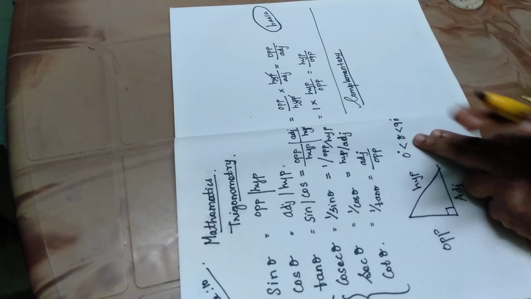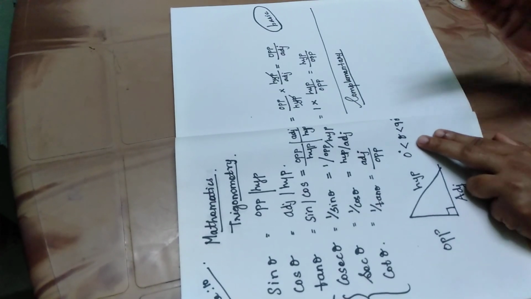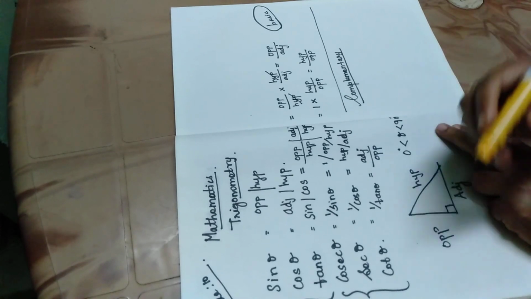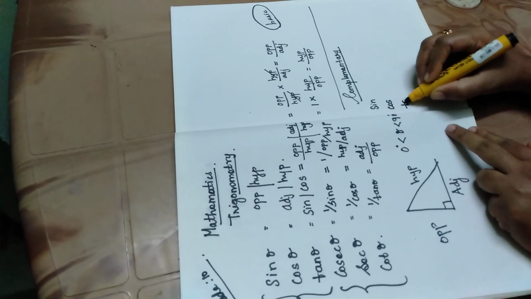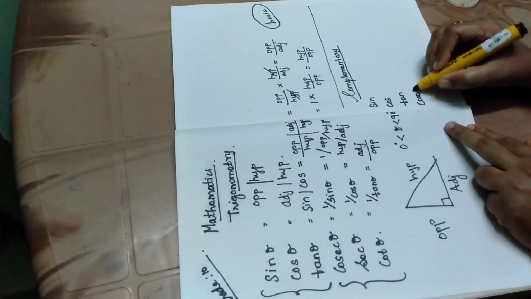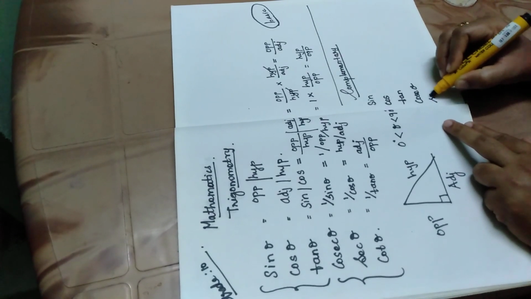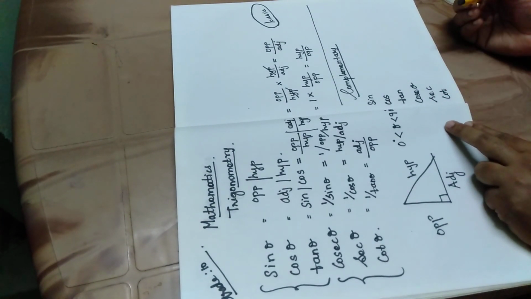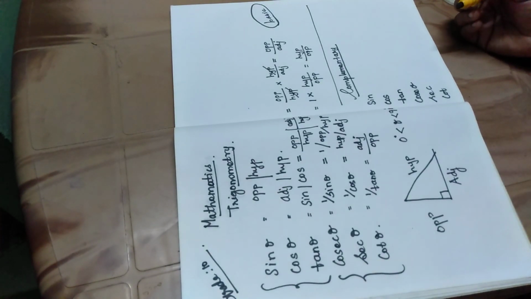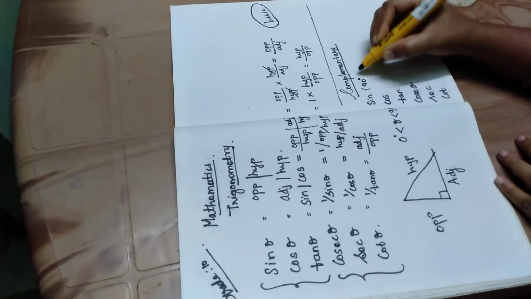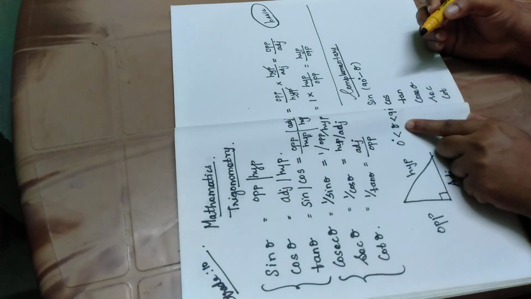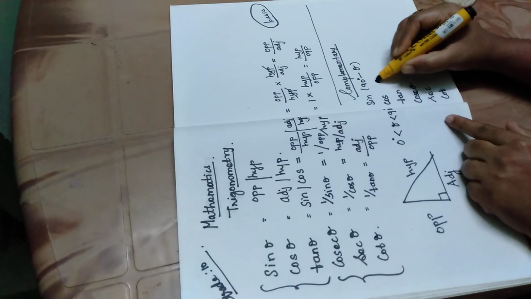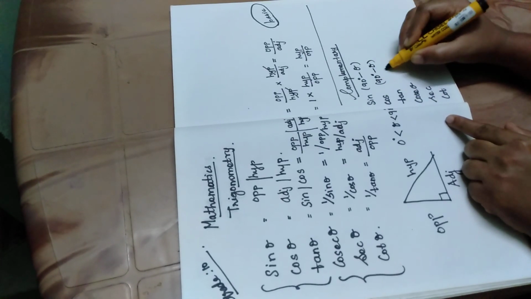So complementary means you have sine, cos, tan, cosec, secant and cot. Complement means 90 minus your theta value, the highest value minus the theta value that we were choosing. So cos also uses 90 minus theta, the same.